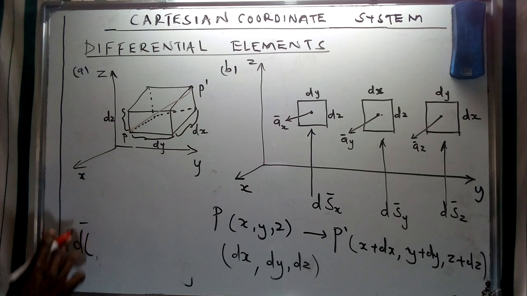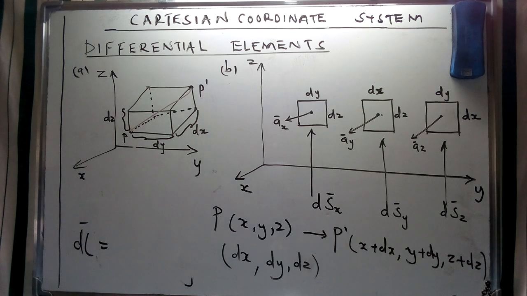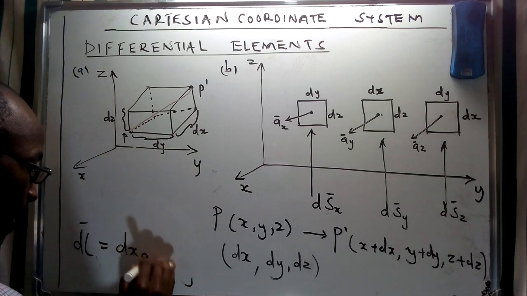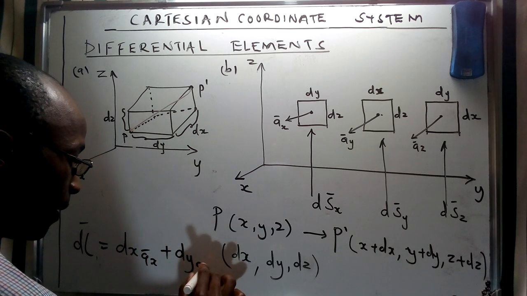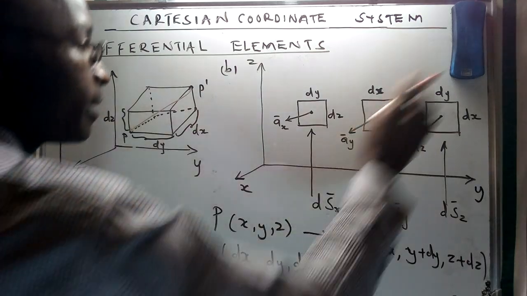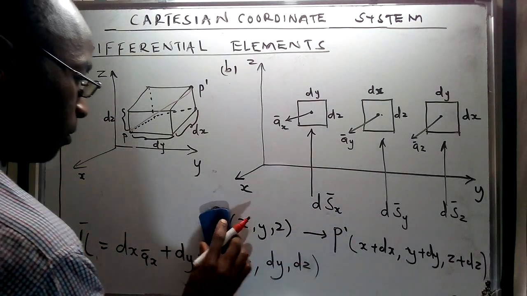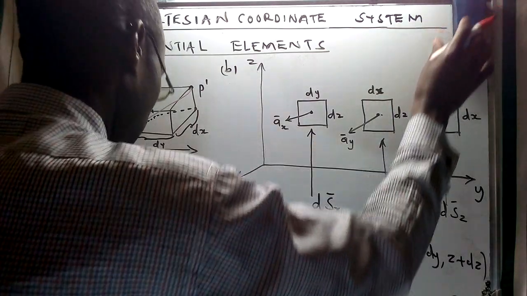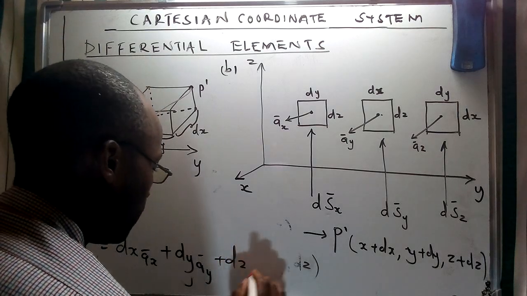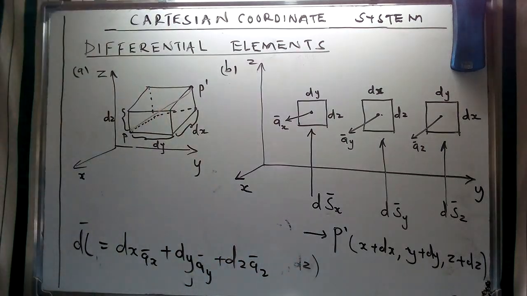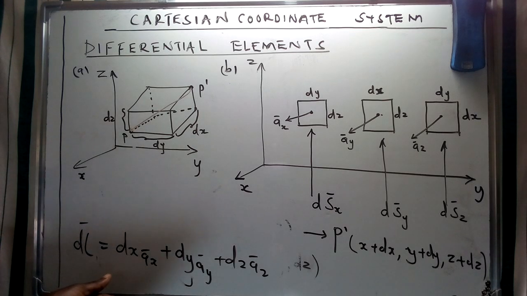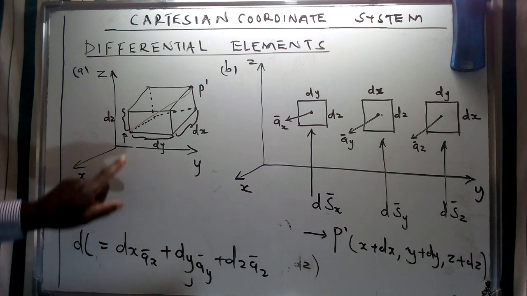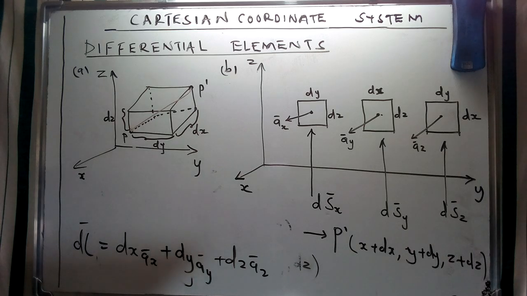We can just give it generally as that, a vector defined by these various points: dx ax plus dy ay plus dz az, given as such. So this gives us a differential vector length from this specific point to this one.